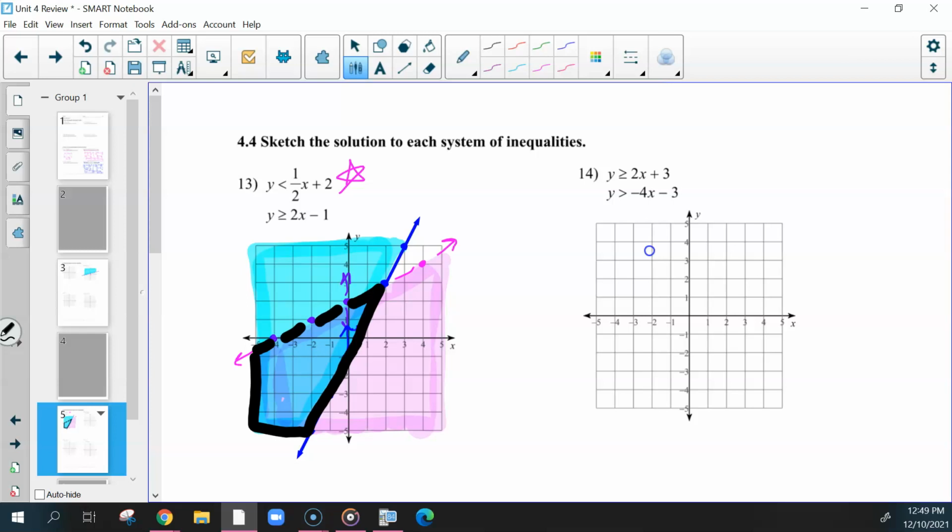That way that tells me this is where they overlap. If you have any other questions on any of this? No.